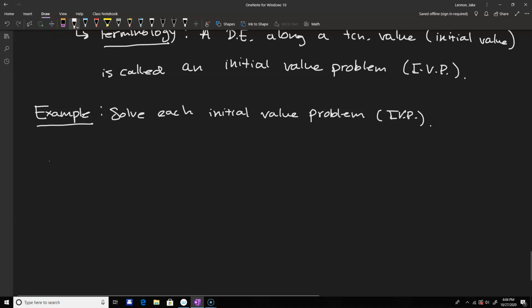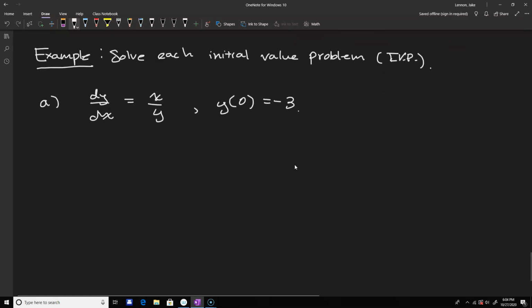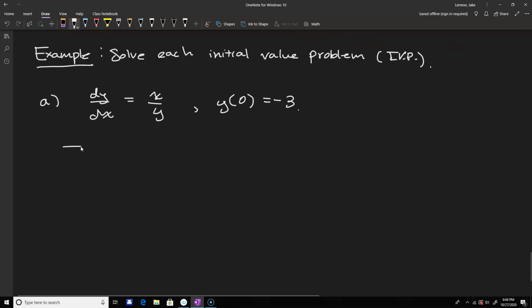Okay, so A, let's say we have dy/dx equals x over y, and we know y(0) = -3. So that means if you plug in 0 for x, the value of y is -3. So again, this is a very easy one to separate. We just end up with y dy equals x dx.